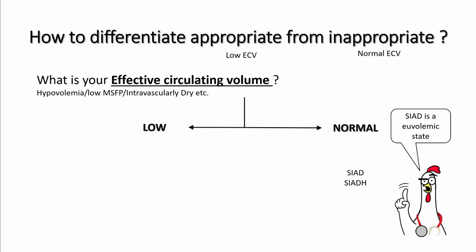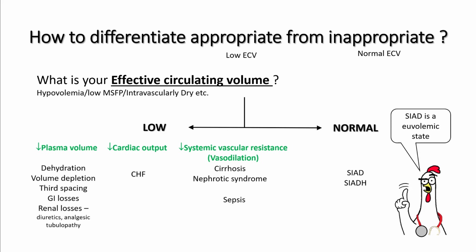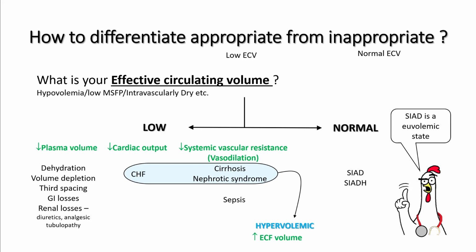And as you remember, SIADH is a euvolemic state. If your ECV is low, you are possibly dealing with low plasma volume, decreased cardiac output, or systemic vasodilation. These are the conditions that reduce your effective circulating volume.